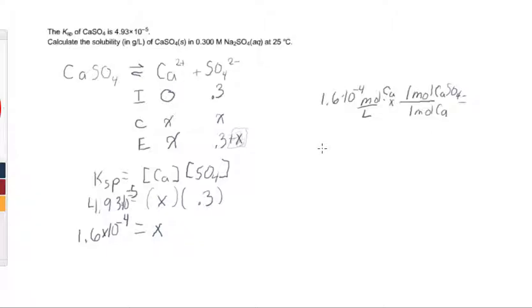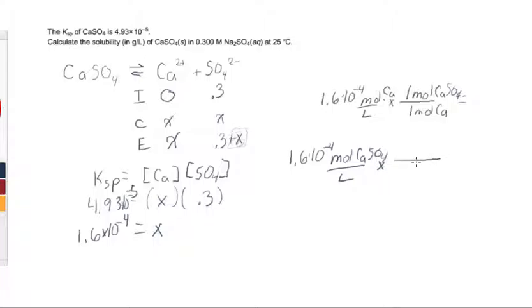So 1 mole of calcium equals 1 mole of calcium sulfate. So we have 1.6 times 10 to the negative 4th moles of calcium sulfate divided by liters. And now we have the molecular mass of calcium sulfate, which you can calculate.